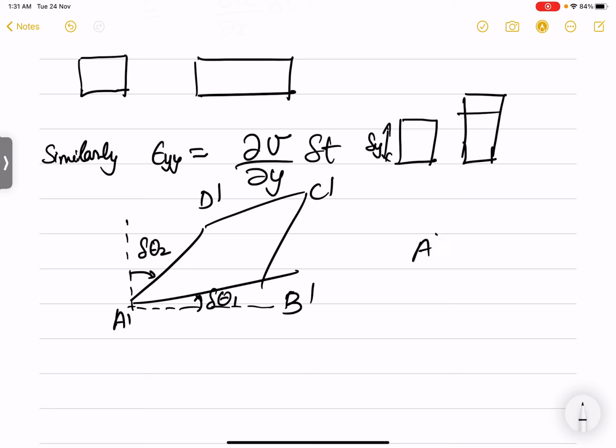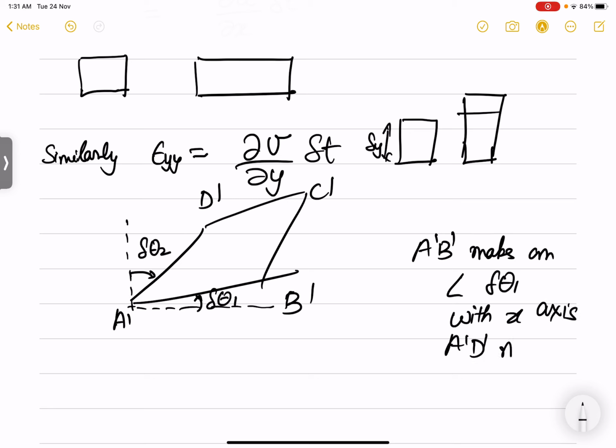So A prime B prime makes an angle delta theta 1 with the x axis, and A prime D prime makes an angle delta theta 2 with the y axis.